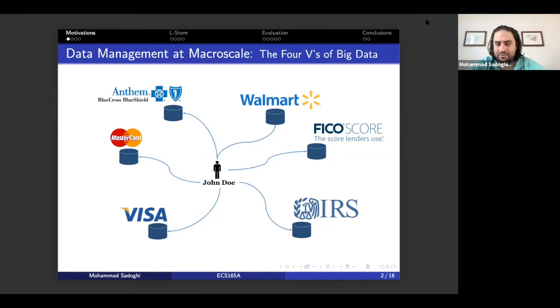Maybe it's not even a good idea for anyone to have access to a consolidated view of the data of a single user. Maybe it's good for the user to have that access, but I don't think it's wise, nor does it make sense, for any other entity to have such global access to user data. I think the privacy laws are important.